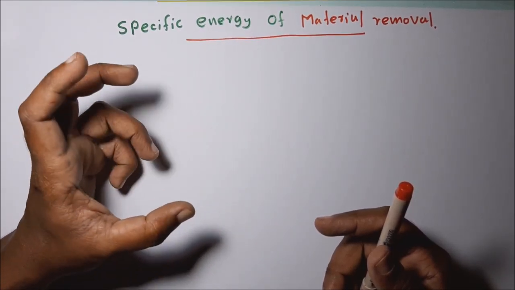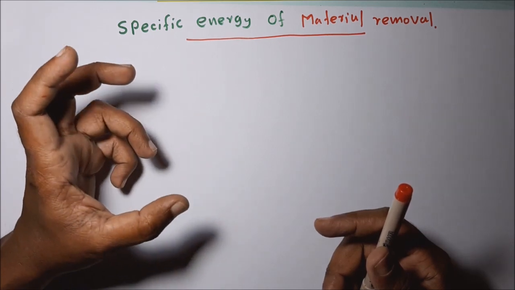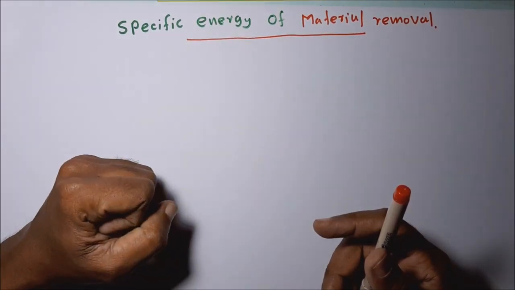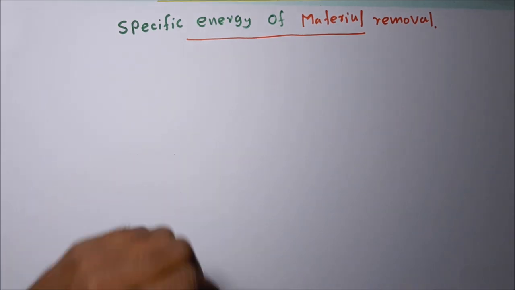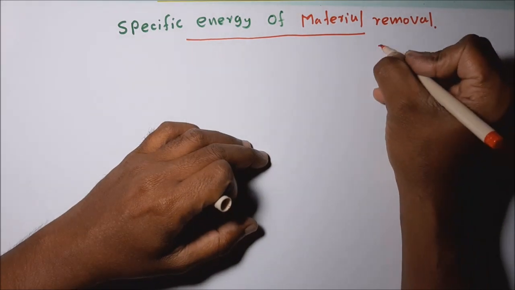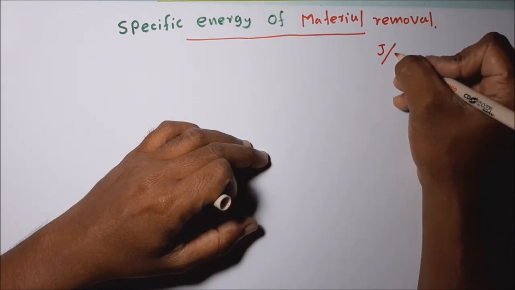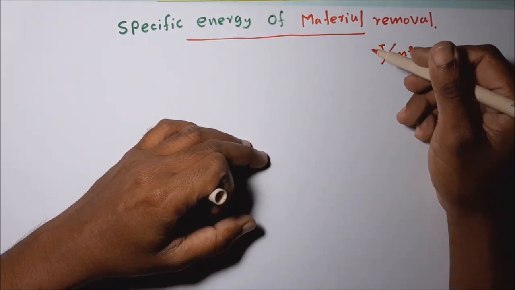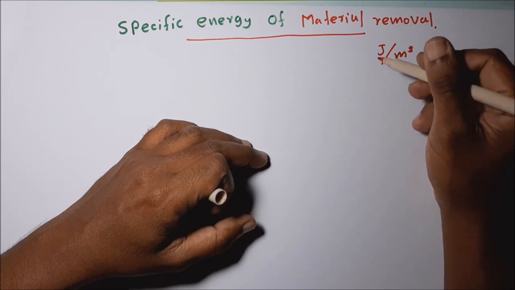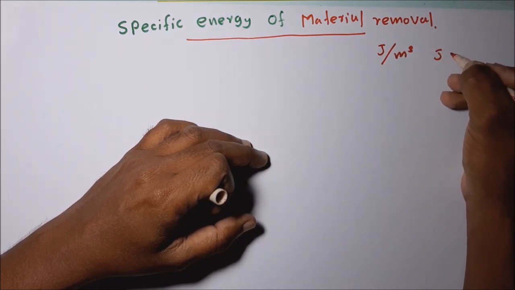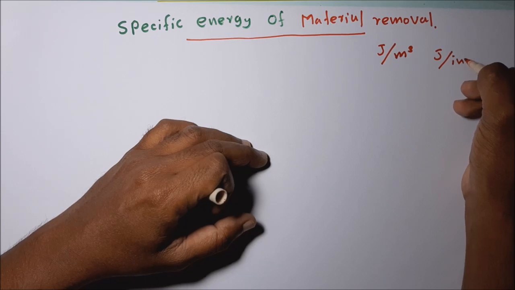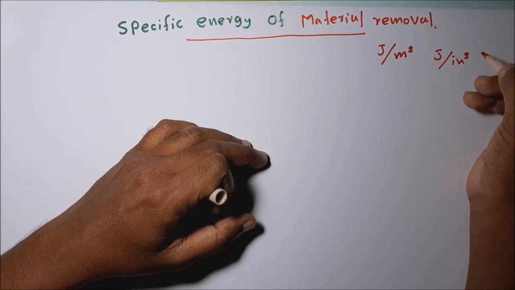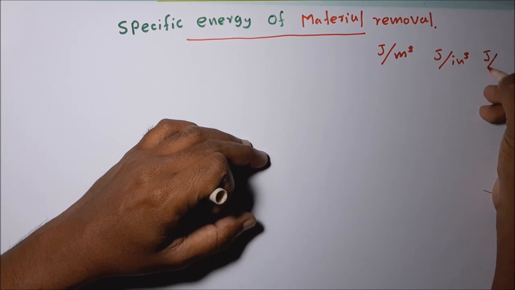The units are joules per cubic meter, joules per cubic inch, or joules per cubic millimeter.